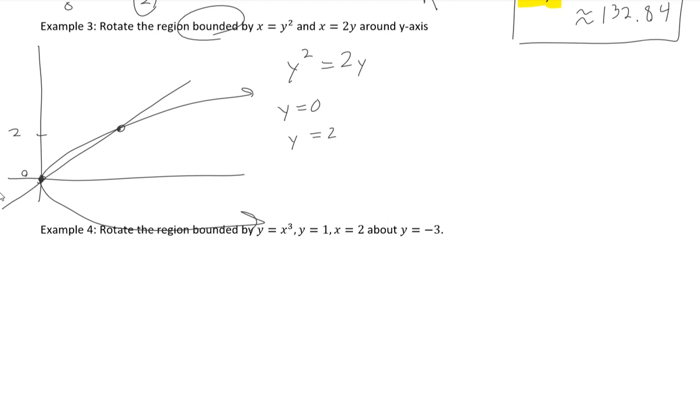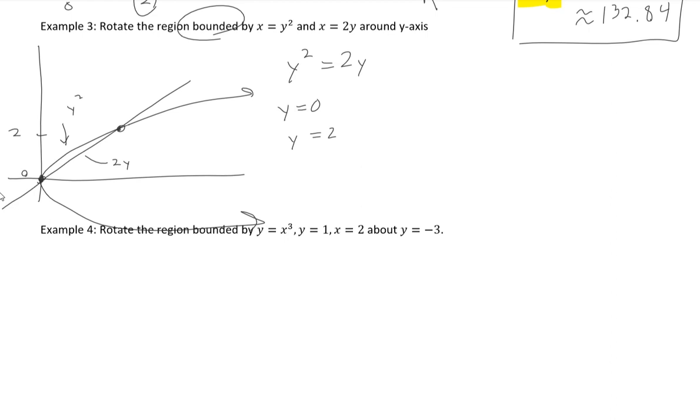Now, when I graph this, I should be able to see that the curve that's furthest away from the y-axis is 2y, and the curve that's closest to the y-axis is y squared. If you're unsure and you don't have a calculator, which most times you should not, you could just plug in a value in between those bounds, for example, 1.